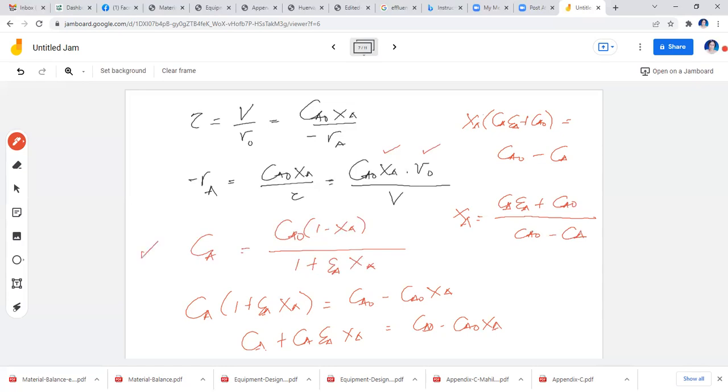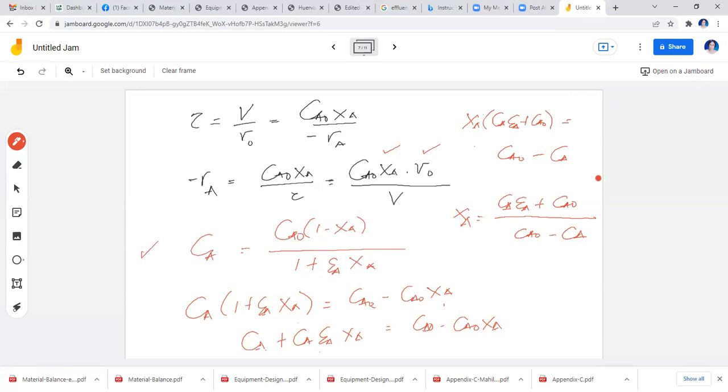So kindly check what I did with the expansion. We have CA epsilon A XA, we have CAO and CAO XA. We transfer this one here, we factor out XA. So CA epsilon A plus CAO coming from here. The right side is CAO minus CA. That's it. So we want the XA isolated on the left. Is it the other way around?